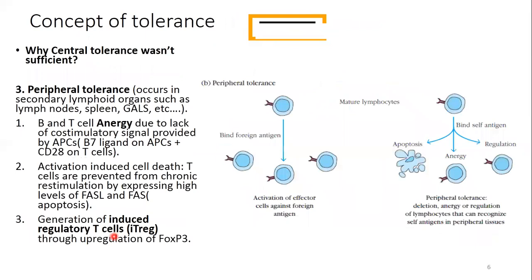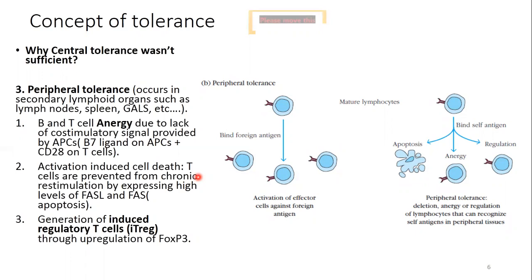What about peripheral tolerance? Before we get there, there is a question of why central tolerance was not sufficient. Despite that rigorous mechanism, there are still some autoreactive lymphocytes that can escape and go to the bloodstream.